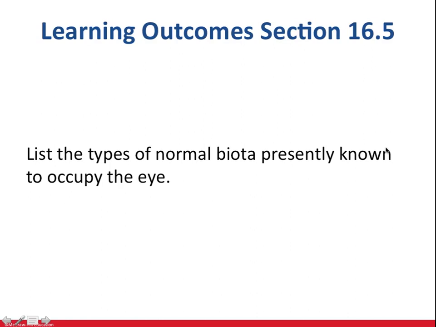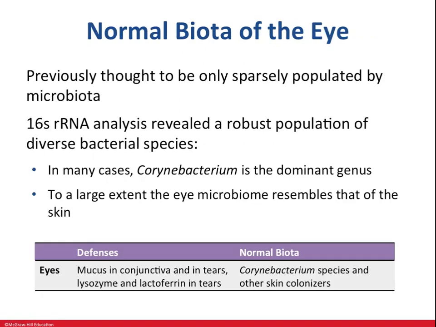Now let's work on section 5, the normal biota of the eye. Scientists have analyzed the biota of the eye. In many cases, corynebacterium is the major bacteria of the eye.